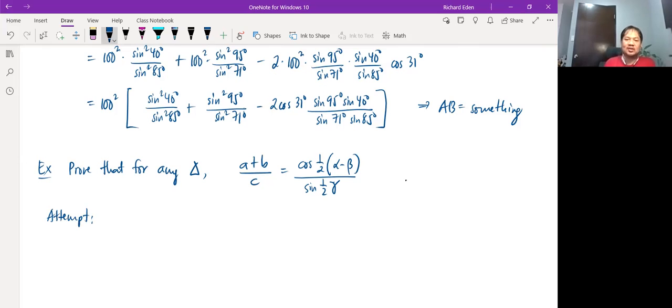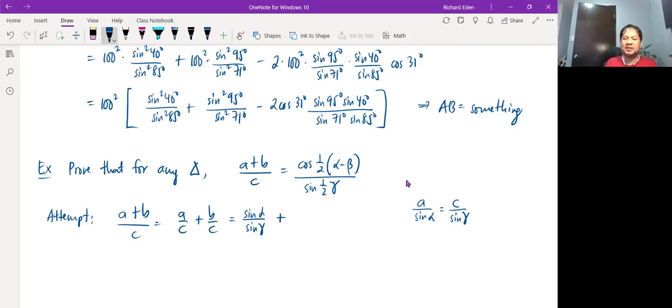But I think it might be easier to convert the left side to something in terms of angles. In particular, (a + b) over c is a over c plus b over c. Remember the law of sines? a over sine alpha equals c over sine gamma. So the first fraction, a over c, is sine alpha over sine gamma.